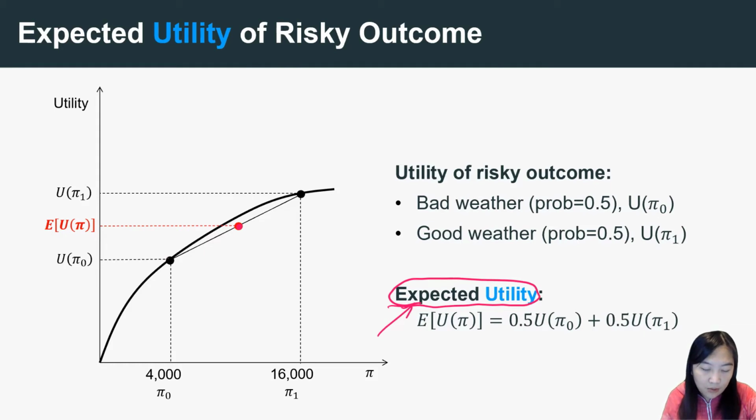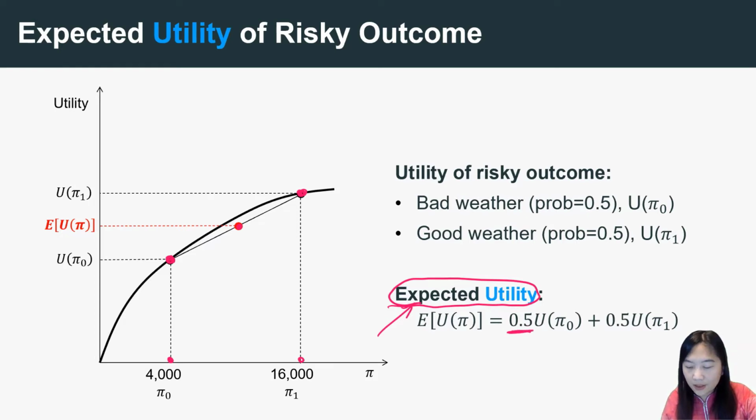And how we get it here is we connect those two points. Those two points are where your profit is 4,000 and your profit is 16,000. You go to your utility curve, and then you draw a straight line connecting those two points.